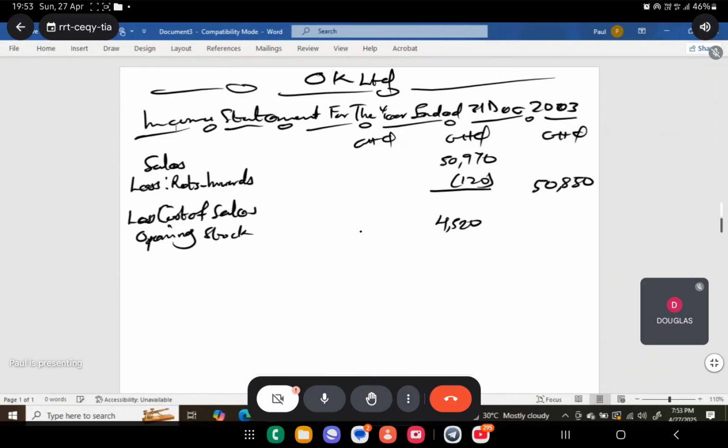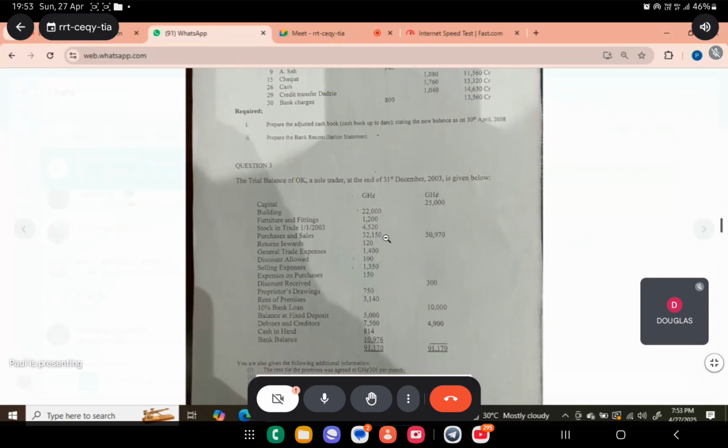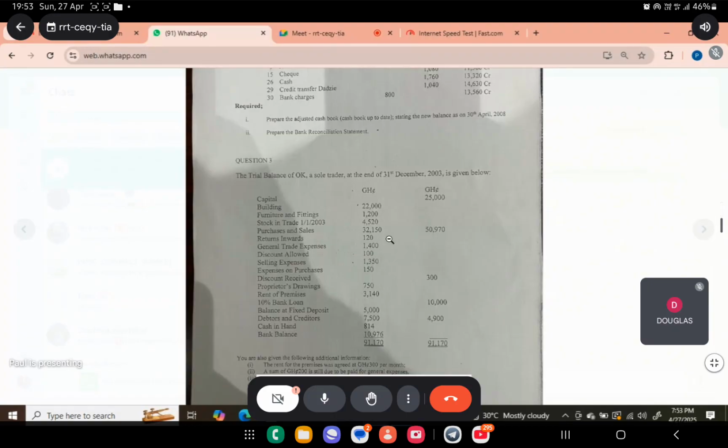Then we add our purchases because this 4,520 will not suffice for the year. We have to sell more, so we have to buy some in addition. So we bought 32,150 in addition to what we already had.